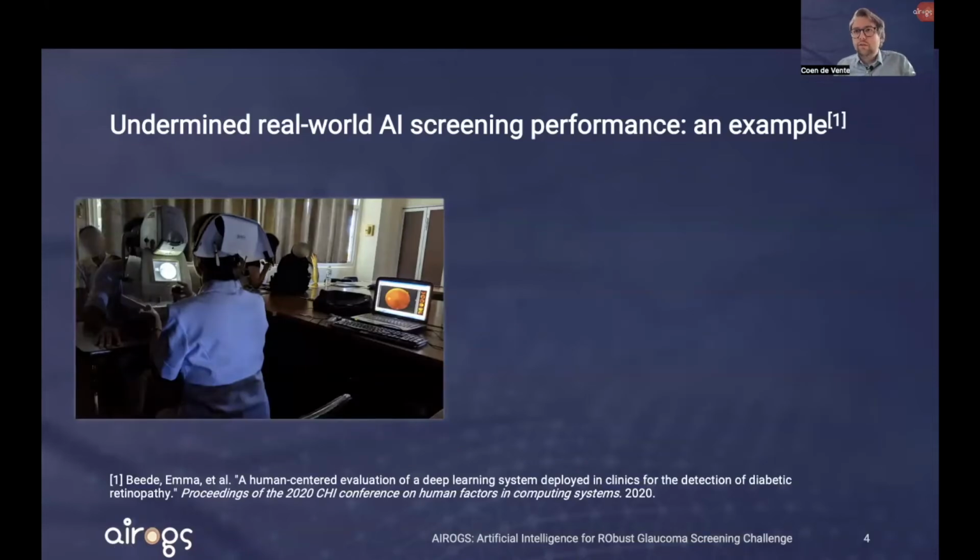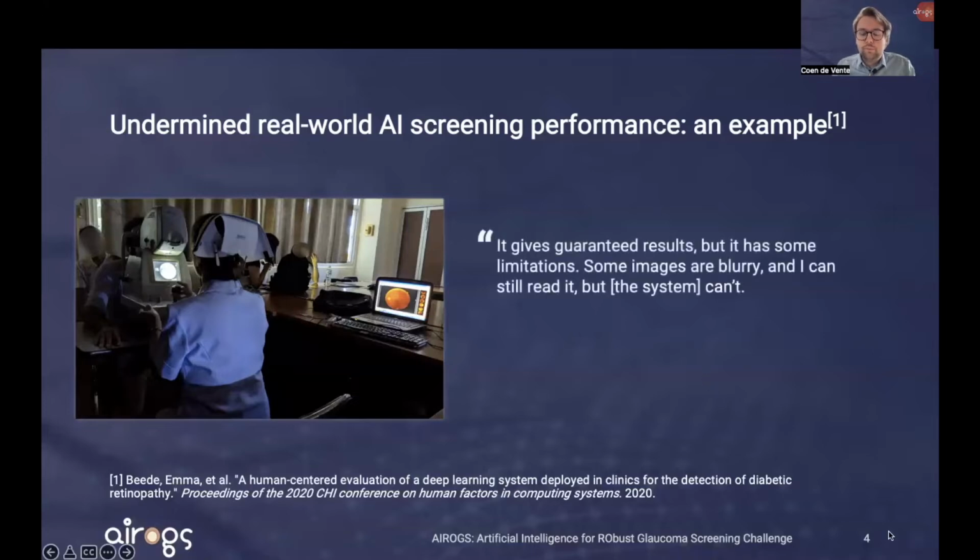So Beede et al. described their observations when deploying an AI model for eye screening in a real world setting. And what some of the people who worked with the AI system found and said was that it gave gradable results, but even when some image was a bit blurry and the human reader could still read it, the system couldn't.